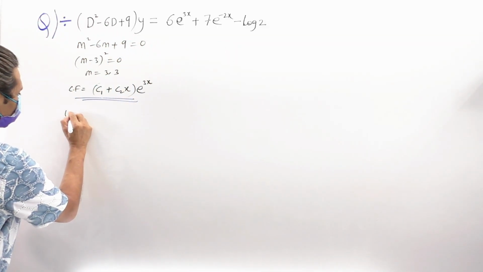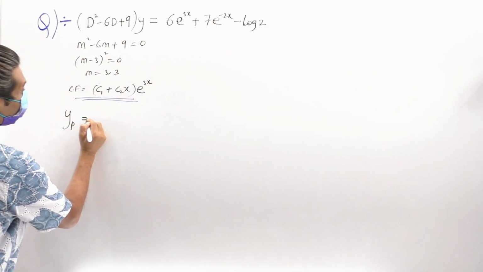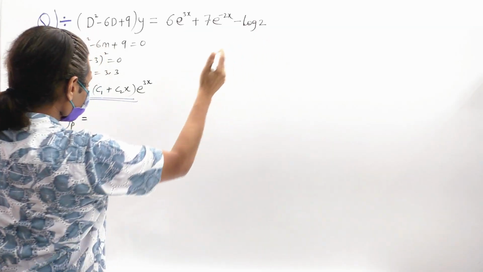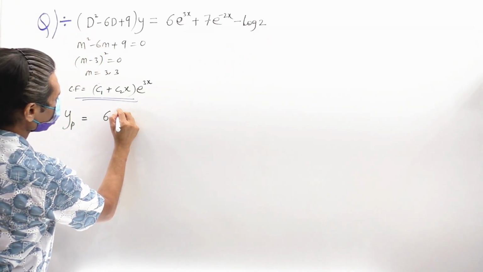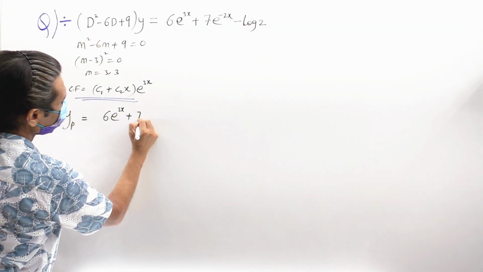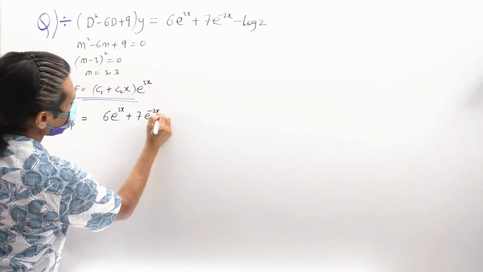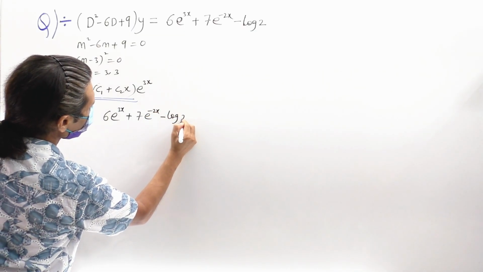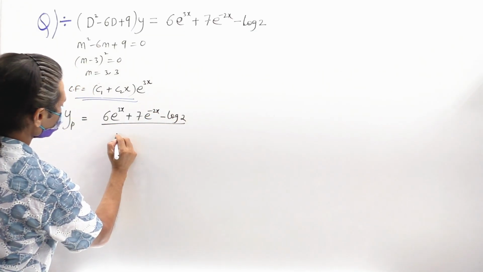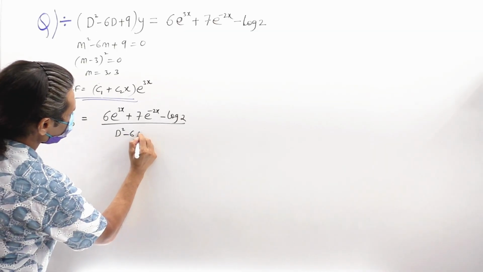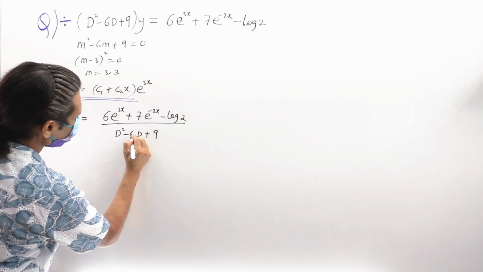So what is yp here? Yp is equal to the right hand side, 6 e raised to 3x plus 7 e raised to minus 2x minus log 2, whole divided by D square minus 6D plus 9.